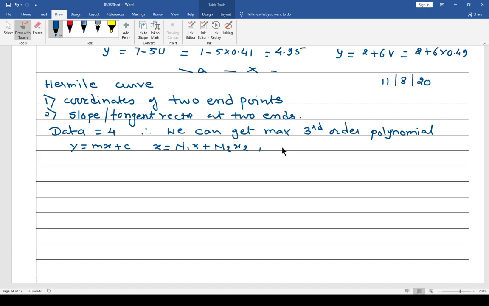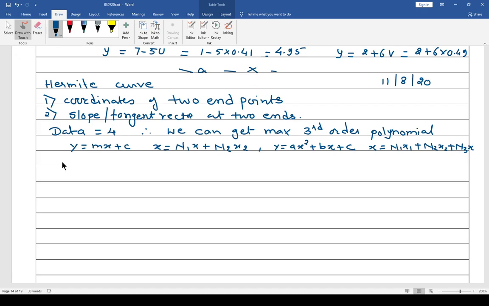Then in case of quadratic equation, we have also taken a small topic, but we are going to redo this topic, and we have also found out n1 x1 plus n2 x2 plus n3 x3.